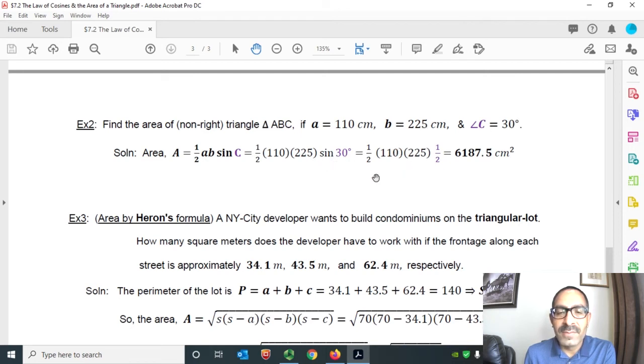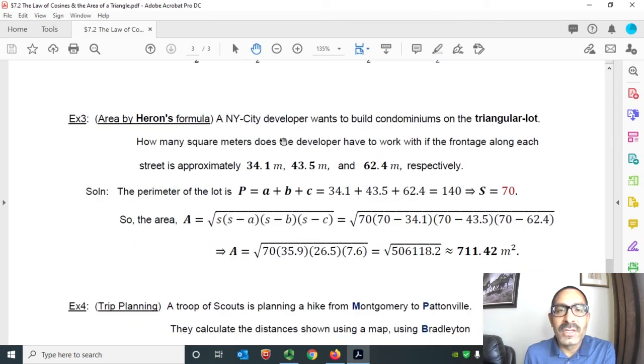In the next step, we know sine 30 degrees is 1/2. After simplifying, we got area equals 6,187.5 square centimeters.